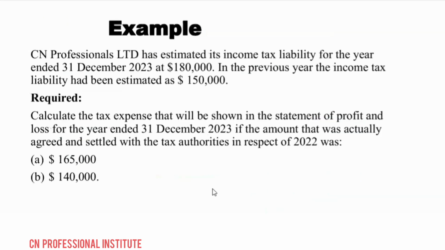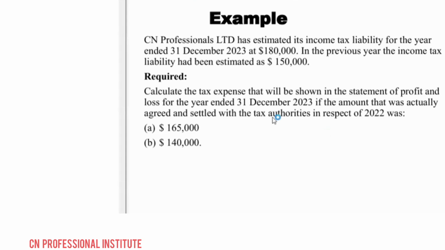We have an example here. Let's solve this example. CM Professional Limited has estimated its income tax liability for the year ended 31st December 2023 at 180,000. In the previous year, the income tax liability had been estimated as 150,000.